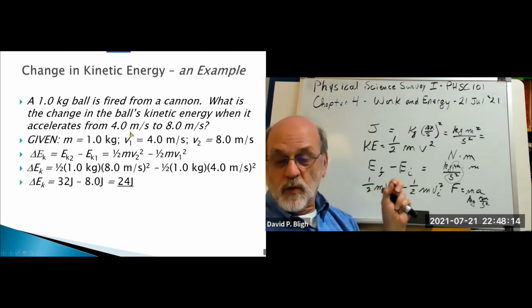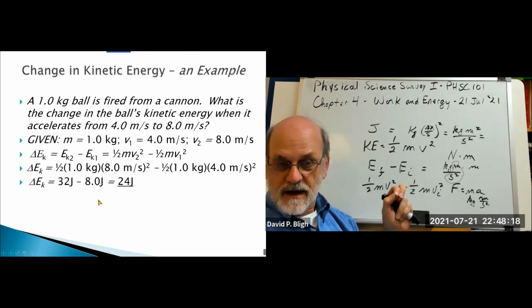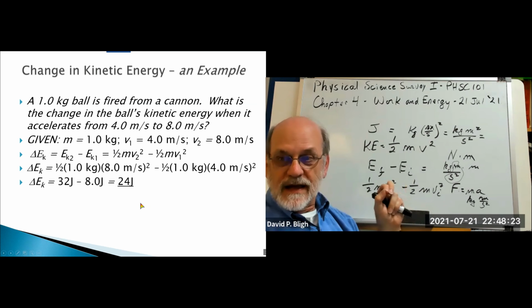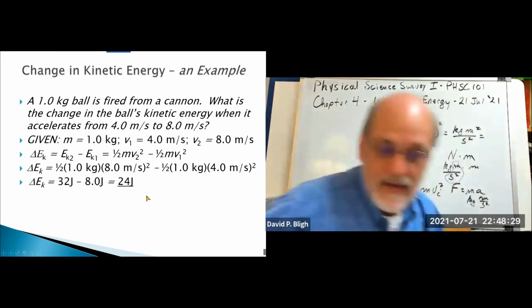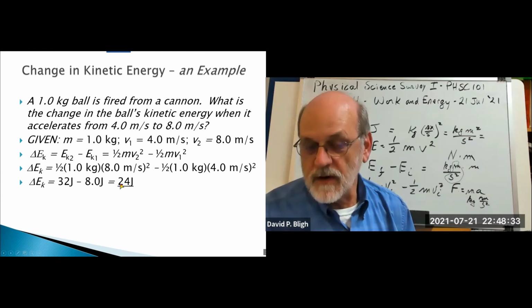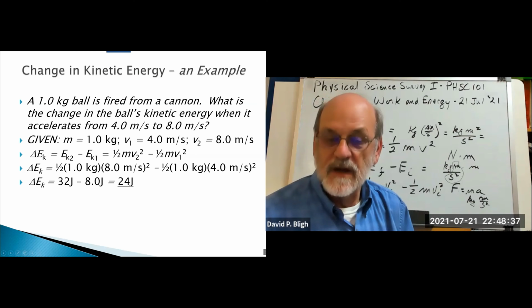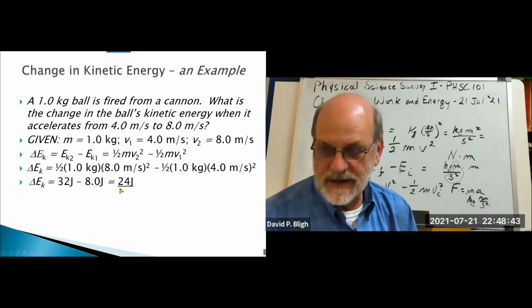And at the point where it was 4 meters per second, it had 8 joules of energy. So between the time it went from 4 to 8, it gained 24 joules of energy. Now notice that the value here is positive. That means that the system, the cannonball, gained 24 joules of energy in the process.